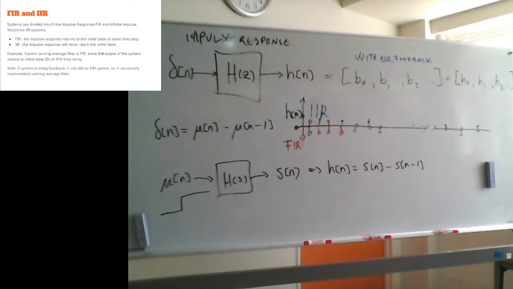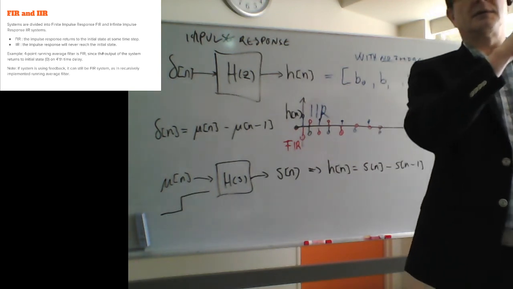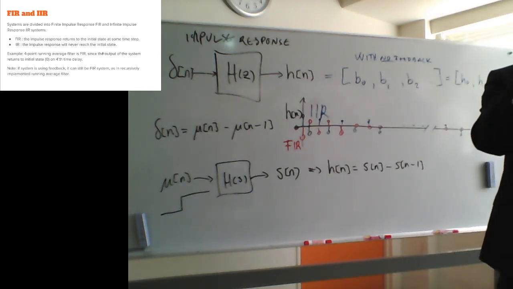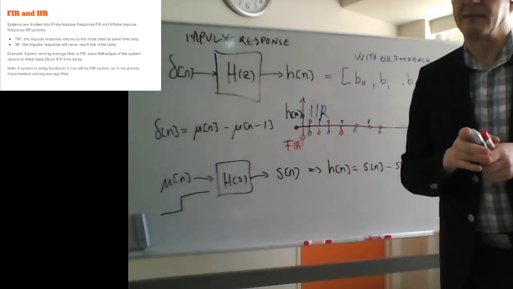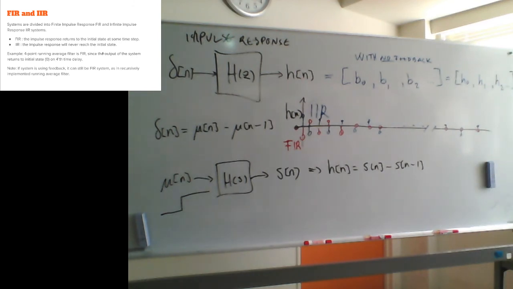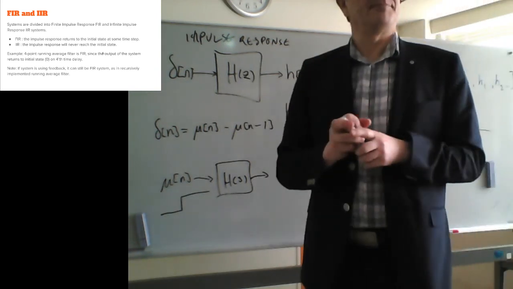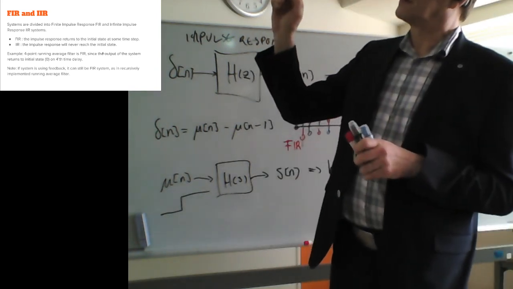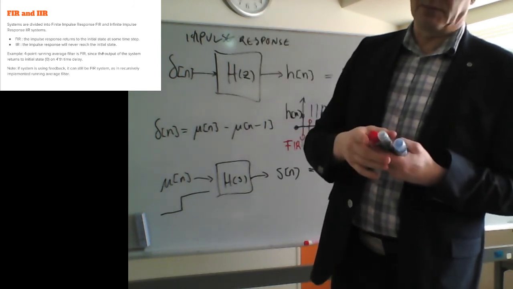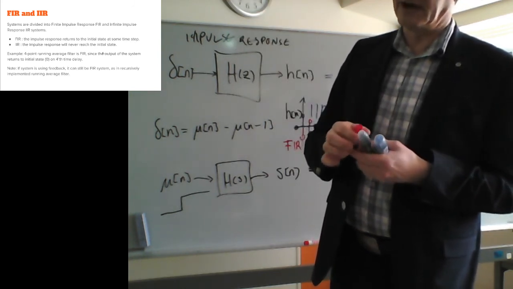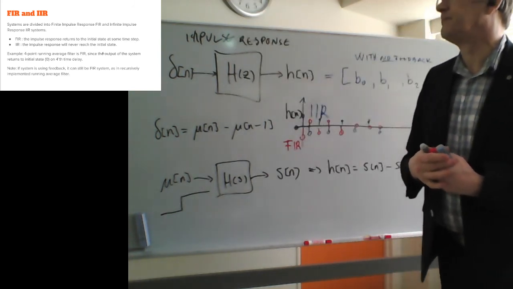And the same thing goes for any analog filter. Some of them approach the final value faster, but generally speaking, natural systems are infinite impulse response systems. Although for digital systems, finite impulse response systems have some really good properties.